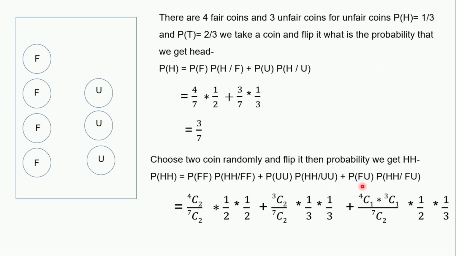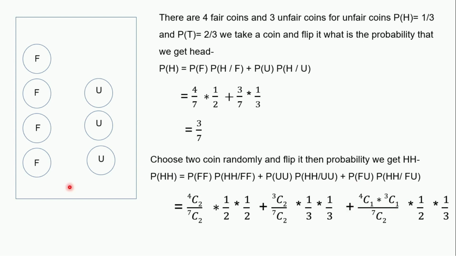Now the probability that we flip 1 fair coin and 1 unfair coin. There are a total of 4 fair coins, and the number of ways we select 1 among them is 4c1. Therefore we write 4c1 here. And there are a total of 3 unfair coins, and the number of ways we select 1 unfair coin among them is 3c1. Therefore we write that here.